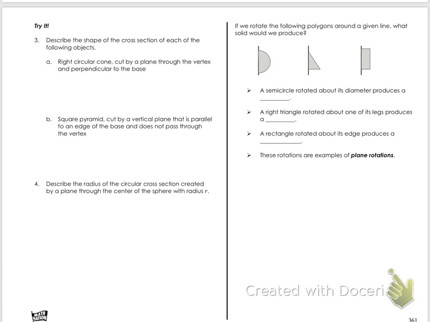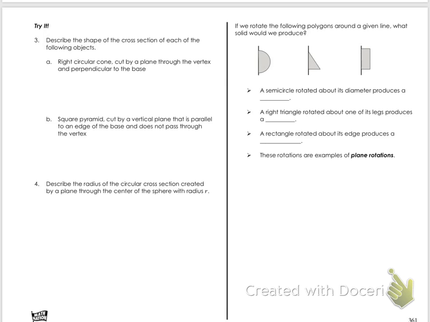All right, the second question we're going to go over is this try it problem. Describe the shape of the cross section of each of the following objects. So we have a right circular cone cut by a plane through the vertex and perpendicular to the base.